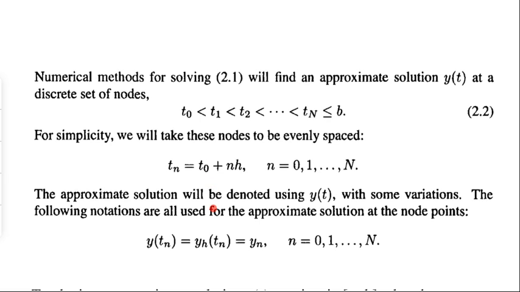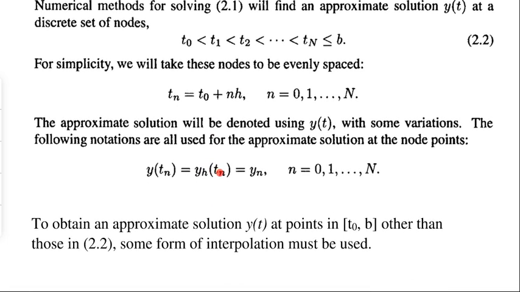We will try to present a recursive relation to generate some approximations yn for the unknown solution y at point tn. In other words, y at tn will be approximated with yh at tn. And for simplicity, we will denote yh at tn with yn.